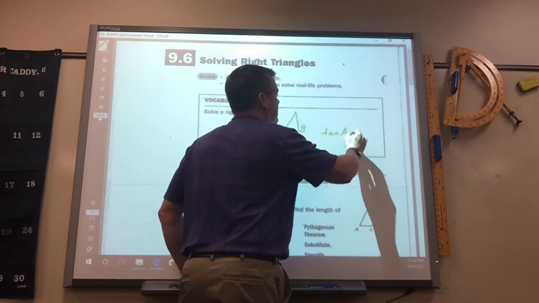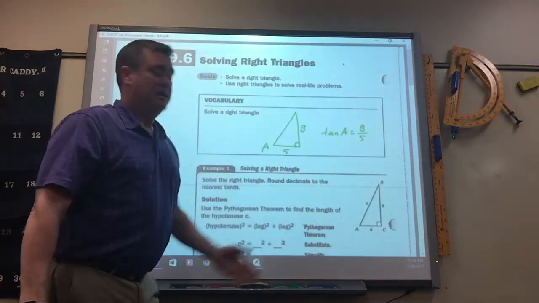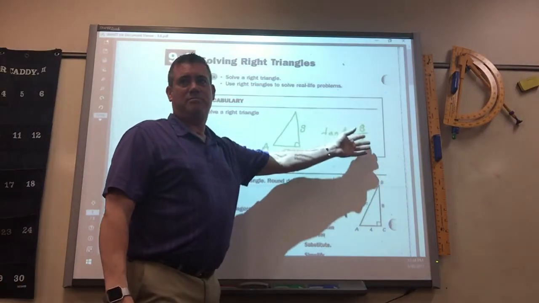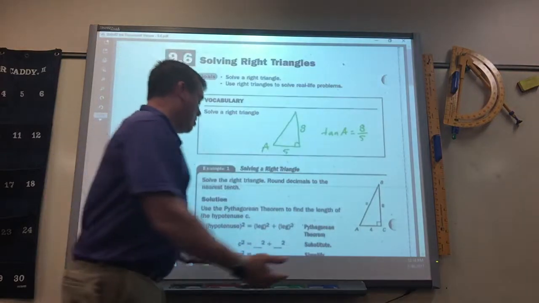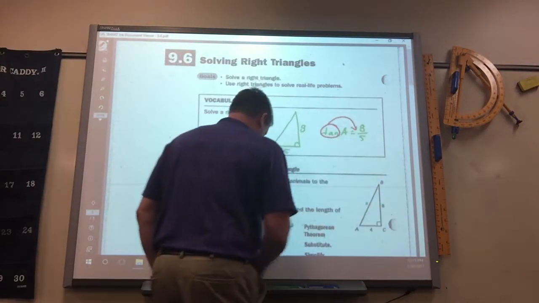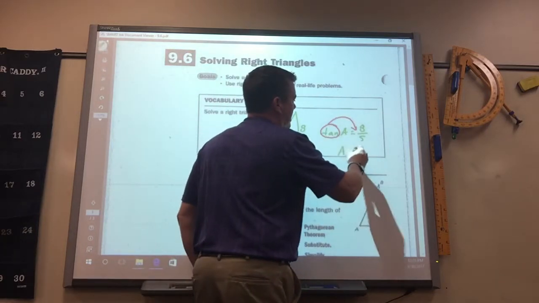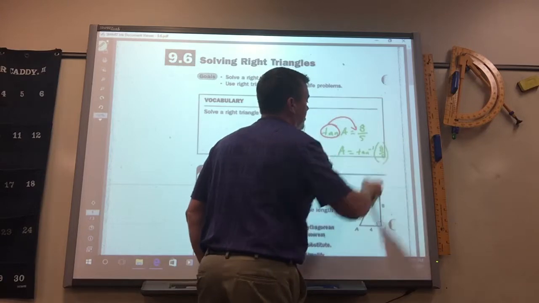Tangent of A equals opposite over adjacent. So this is an actual decimal, right? 8 divided by 5 is 1.6. So the way you'd find this is you would just move the tangent over, and it tells us that A is equal to then the tangent inverse of 8/5.